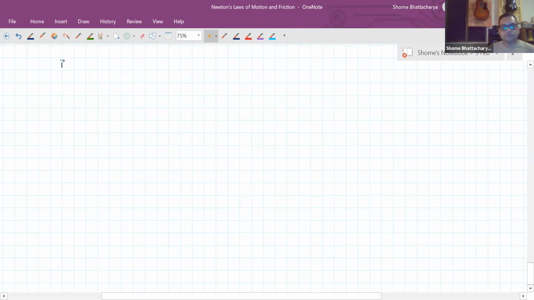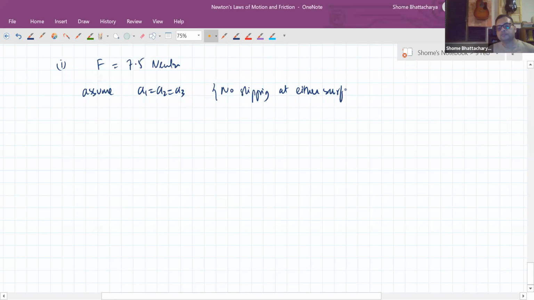So when I'm applying the external force of 7.5 newtons, if I assume that there is no slipping at either surface of contact, then I can make a combined free body diagram for this whole system.